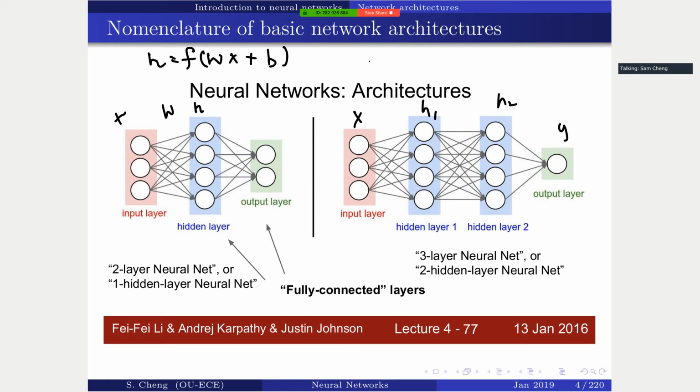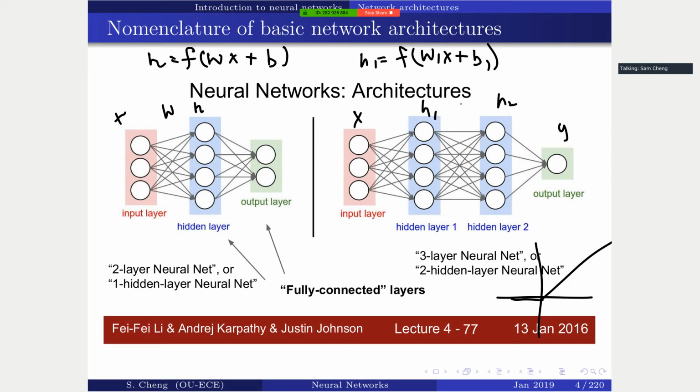So I may have H1 is equal to f of W1 X plus B1, going through an activation function. Typically for this activation function there are not a lot of choices. As I mentioned, very common is maybe just sigmoid. Actually nowadays ReLU will be the one.